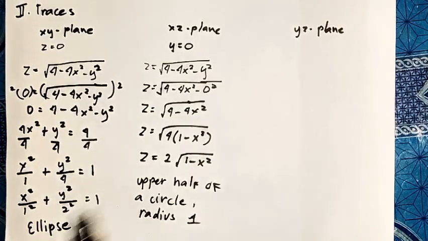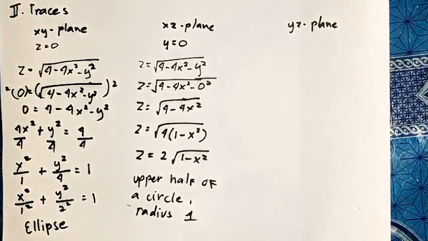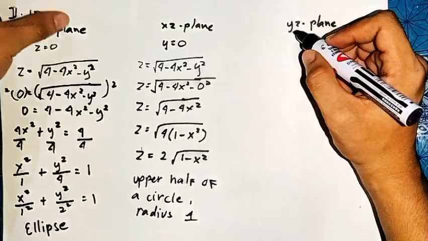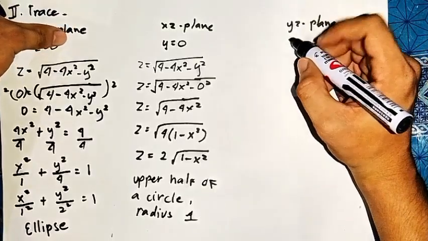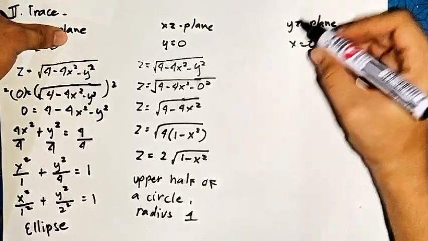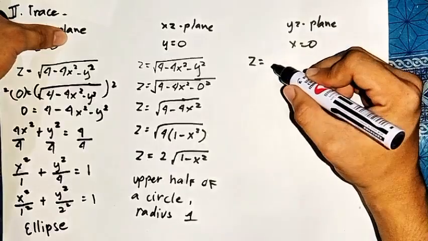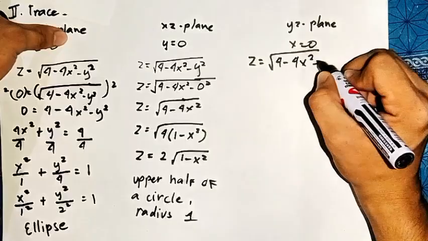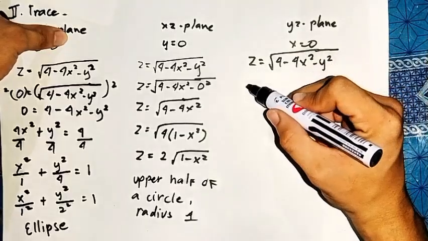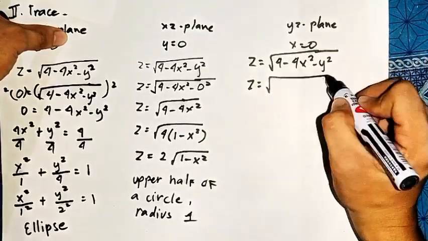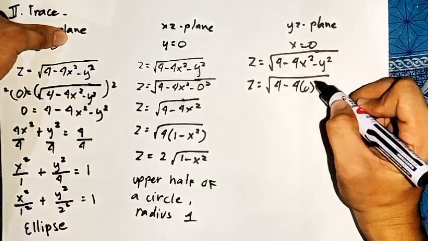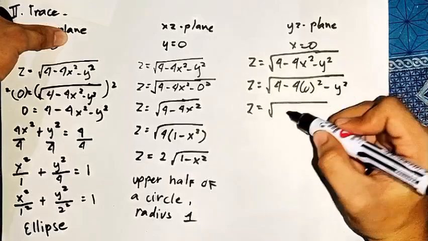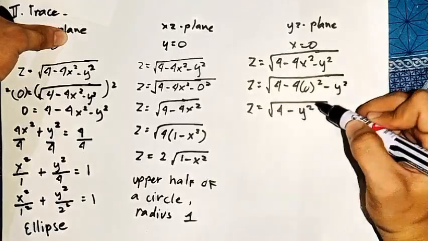Now how about the yz plane? In the yz plane, we will let x is equal to 0. Now copy again our function: z is equal to the square root of 4 minus 4x squared minus y squared. So z is equal to the square root of 4 minus 4 times 0 squared minus y squared. Now z is equal to the square root of 4 minus y squared.